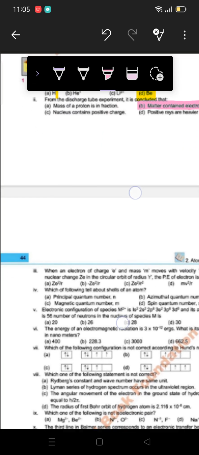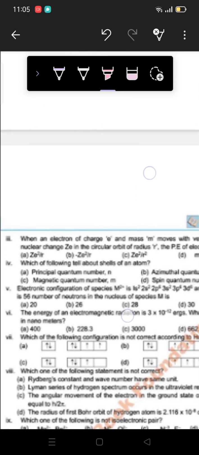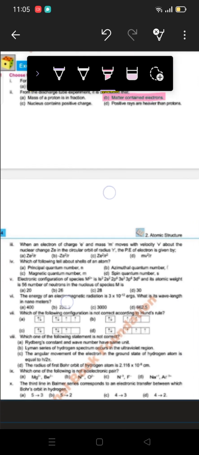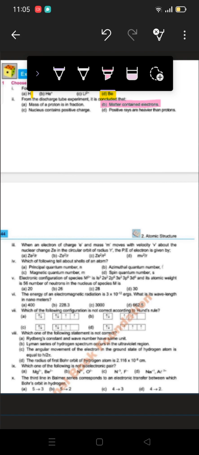Now, the third question asks: when an electron of charge e and mass m moves with velocity v around the nuclear charge Ze in a circular orbit of radius r, the potential energy of the electron is given by what?